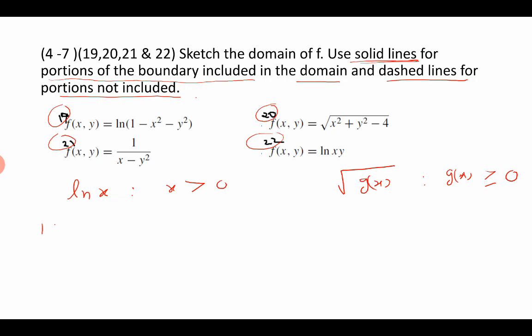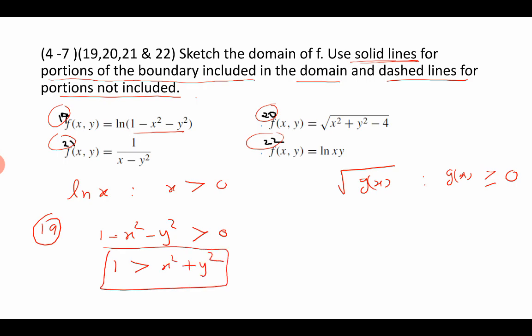Now let's solve 19. As we have been given ln of 1 minus x square minus y square, it should be strictly greater than 0. This gives the information that 1 is greater than x square plus y square. This is the domain.